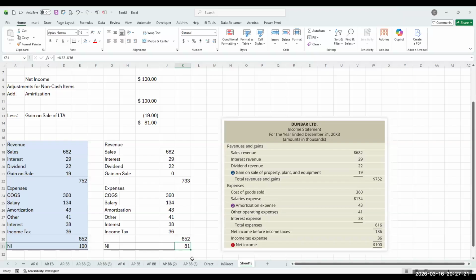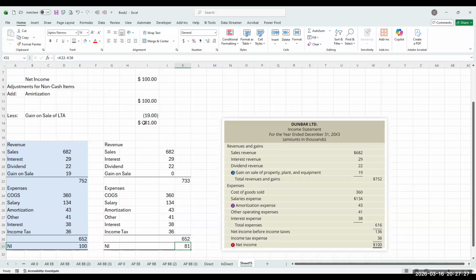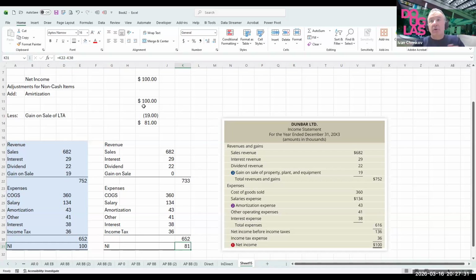Now we're going to see both effects. Okay, hold on a second. I just wanted you to see first the effect of every single one of those items. Now we're going to combine them all together. Make sense? So let's bring the amortization.